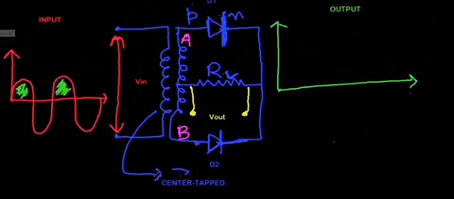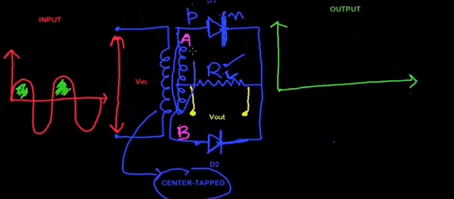Because the resistor you have here, that means the load resistor RL over here, is connected exactly at the center of this secondary of the transformer, making this point grounded. With respect to terminal A and with respect to terminal B, this point is grounded, and it is connected exactly at the center of the secondary winding of our transformer.